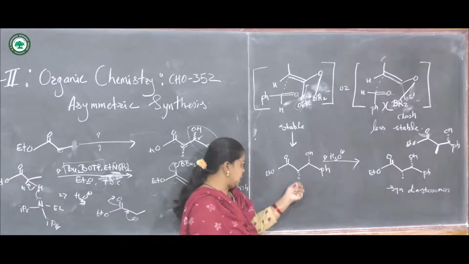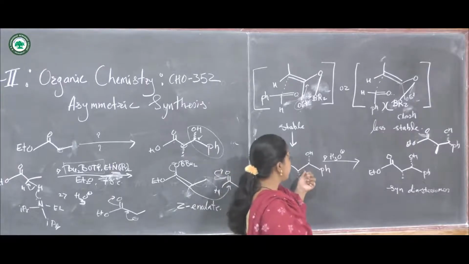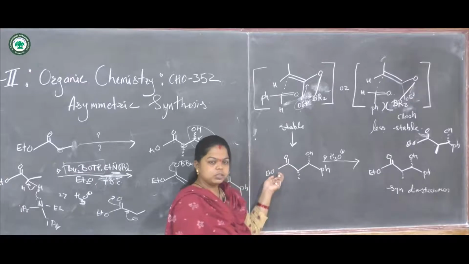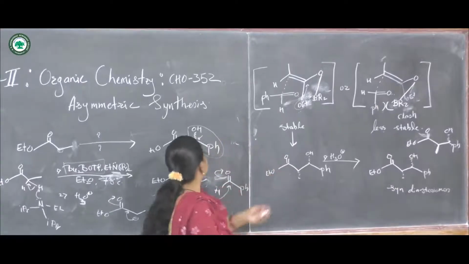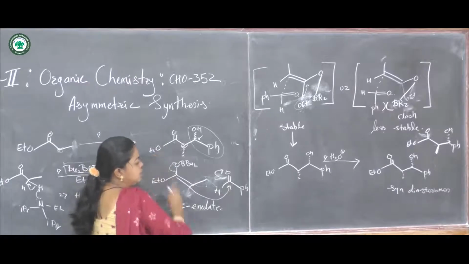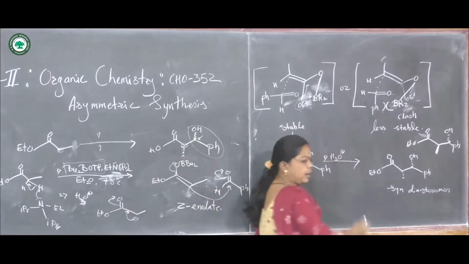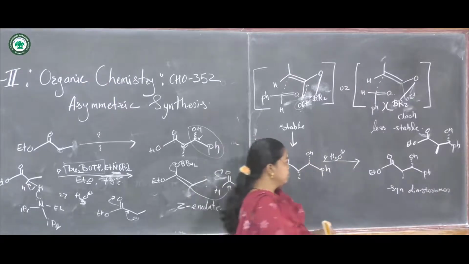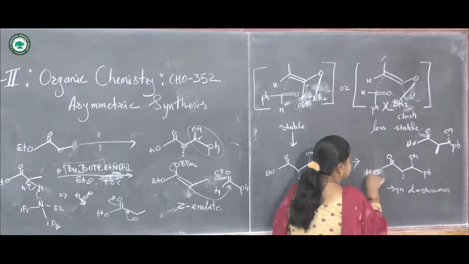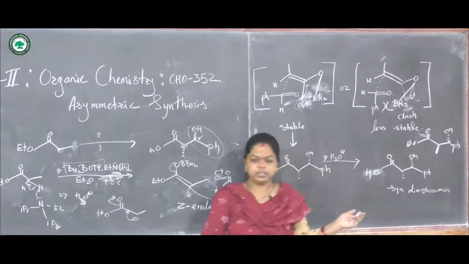Now the syn-aldol is formed, and we know that this aldol contains the ester group. In the product, the acid group is given here. This is the acid, so we can convert the ester into the acid by simple acid hydrolysis. It will be the second reagent for the reaction, and we get the corresponding acid compound here. So this is the syn-diastereomer we are getting.